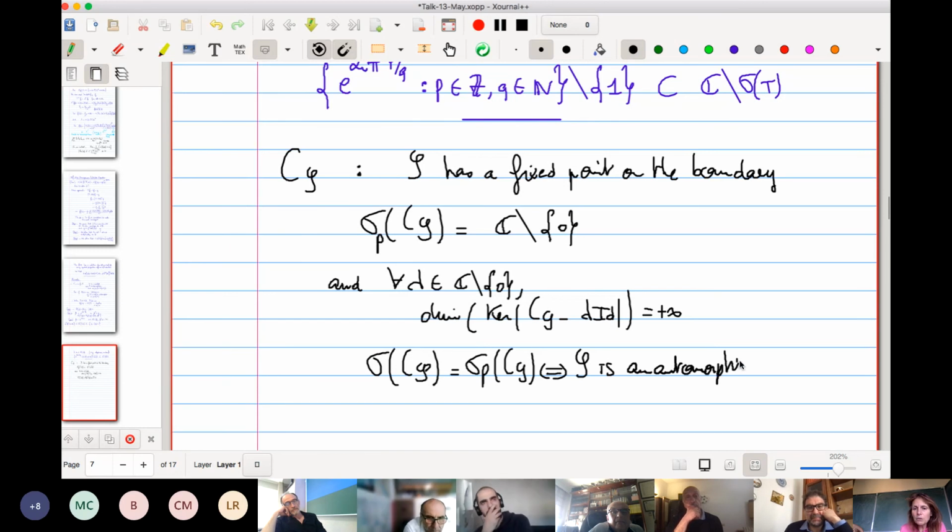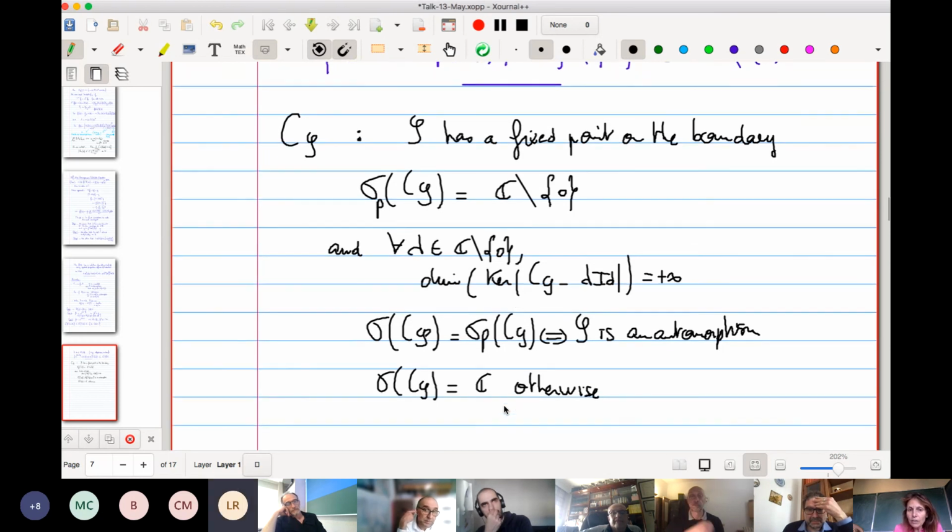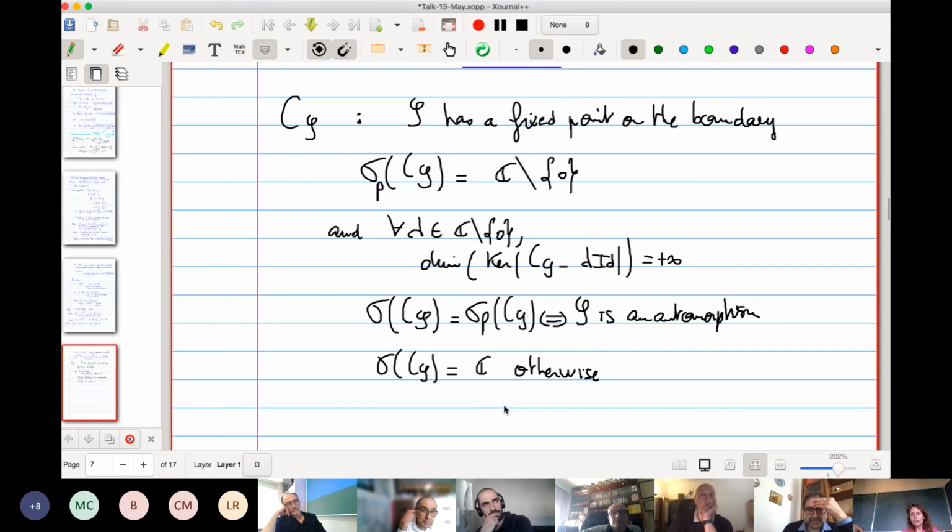Otherwise, it's the whole complex plane. The proof relies on a deep result due to Valiron and Pommerenke.